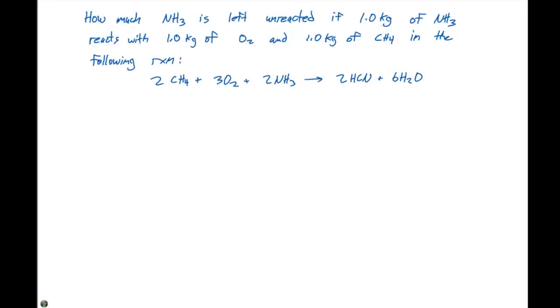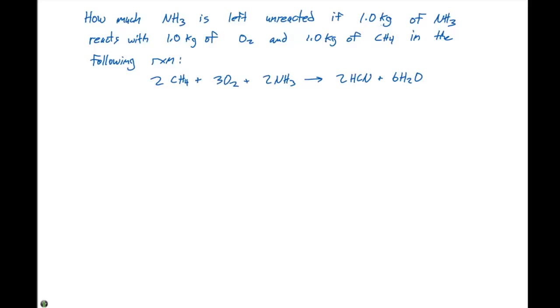In addition to calculating limiting reactants and how much of a product is produced, we can determine how much of one of the other 2 reactants is left unreacted. So in this example, we're going to ask how much NH3 is left unreacted if 1.0 kilograms of NH3 reacts with 1.0 kilogram of oxygen and 1.0 kilogram of methane in the following reaction.